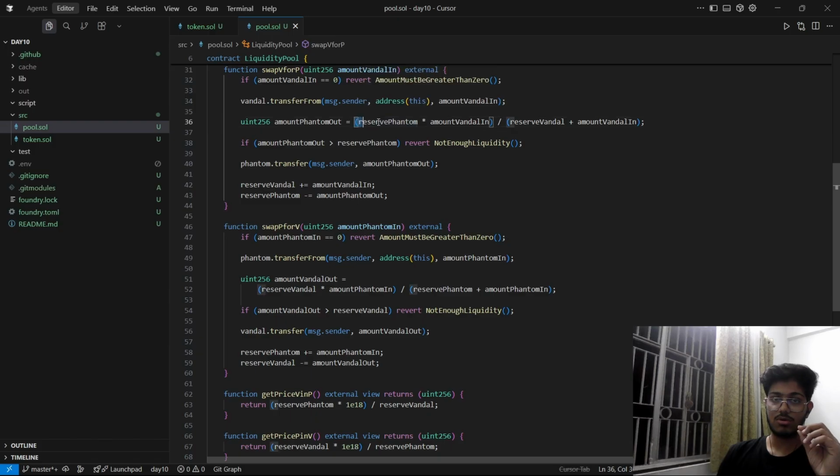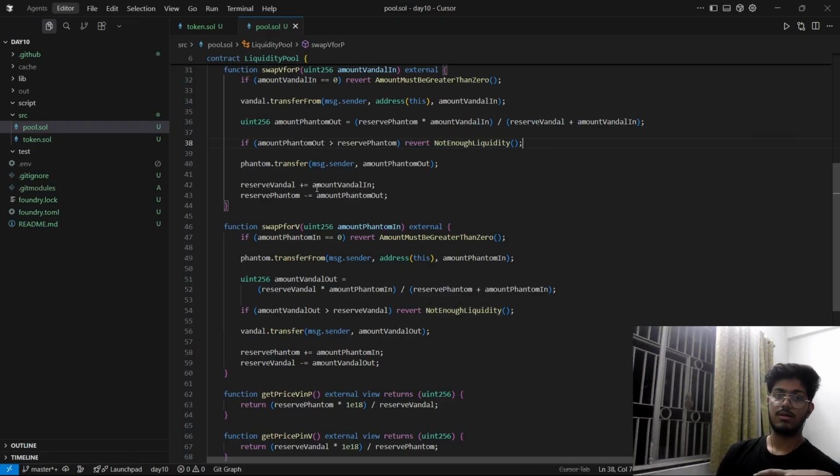This is the core formula for calculating what amount of Phantom this person will get, basically how much token B they will get. This is the exact formula which Uniswap version 1 used in its liquidity pool. It will check if this much amount is even there in the pool. If it's not, then we'll revert with an error, not enough liquidity.